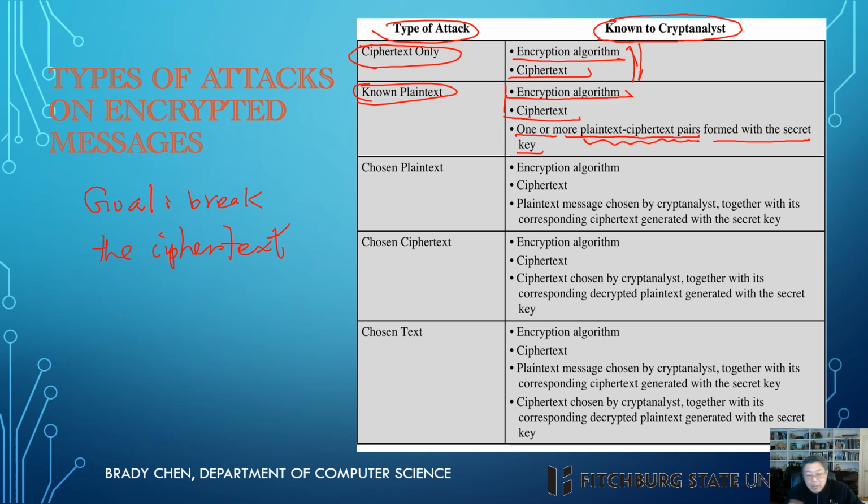Let me give you an example. Suppose I want to attack a company, and I try to get information from this company. I know I can get most of the ciphertext from this organization.